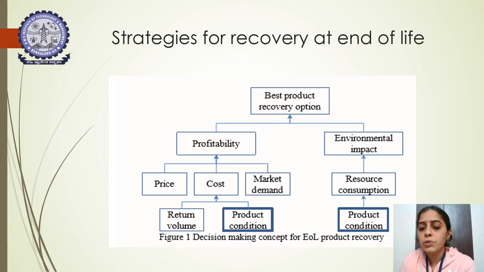Similarly, when it comes to the product condition, a product will be manufactured by consumption of certain materials. So these are nothing but the resource consumption. Resource consumption could be based on the material, or on the resource person needed for the guidelines, or on the technicians needed if it is an interdisciplinary project.